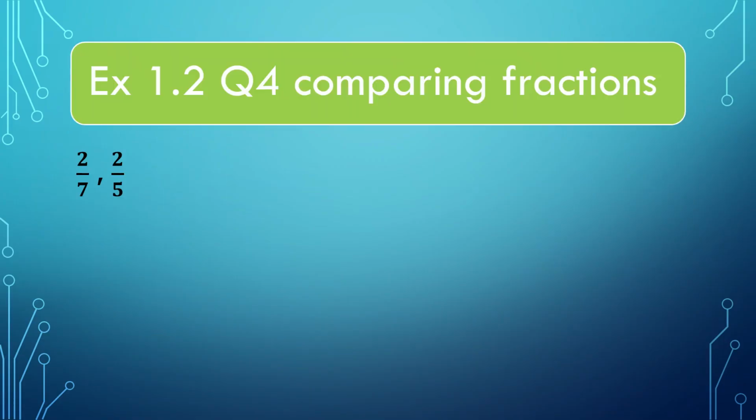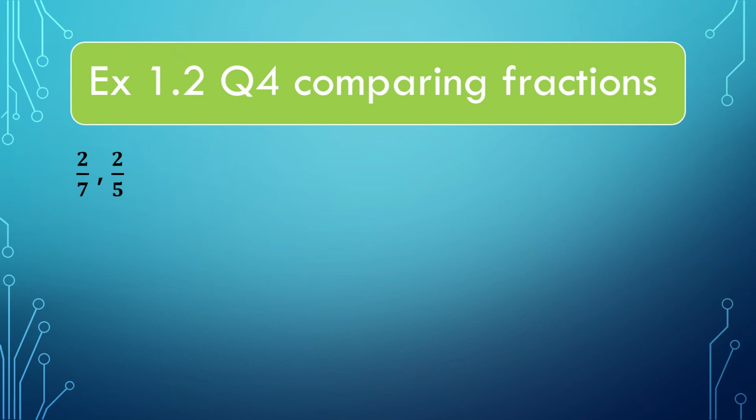Now our next topic is comparing fractions. This topic you people are already familiar with. You have already done in class 4 or 5 how to compare like and unlike fractions. Here we have two unlike fractions. Normally when we have the same numerators, it is very easy to understand which is greater or smaller.